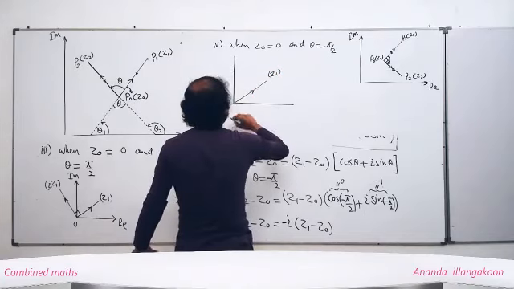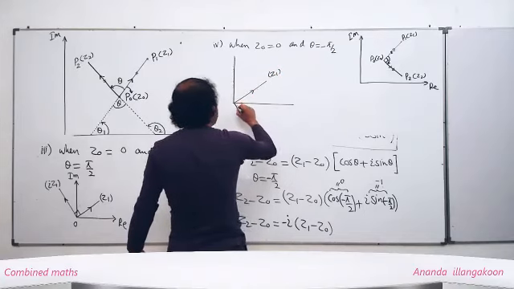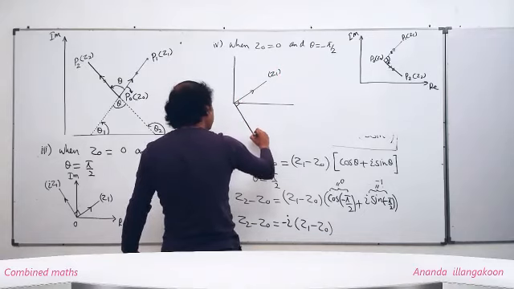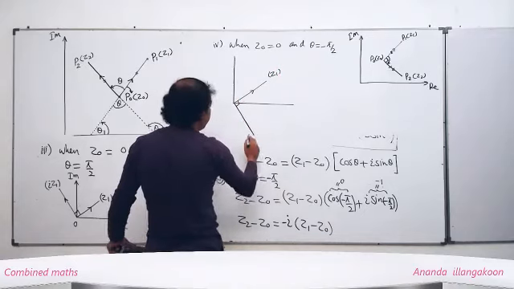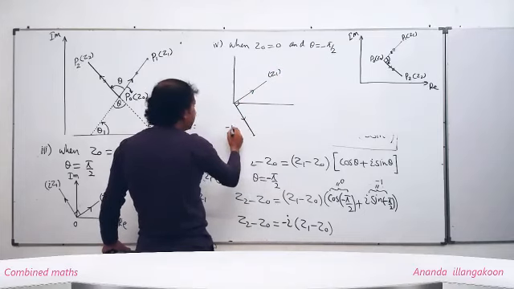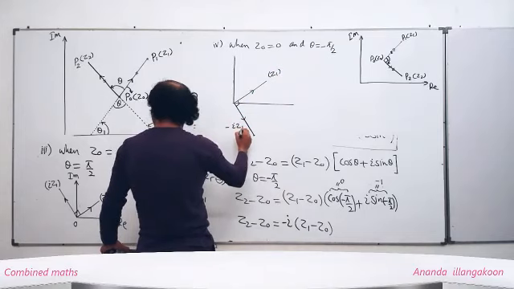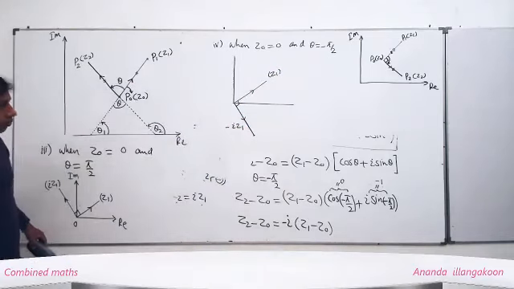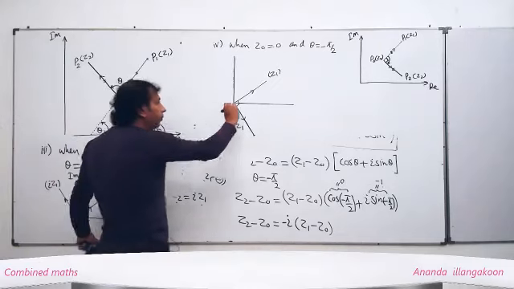This is Z1. It rotates clockwise this way. Then this line segment represents minus iZ1. This way it rotates.